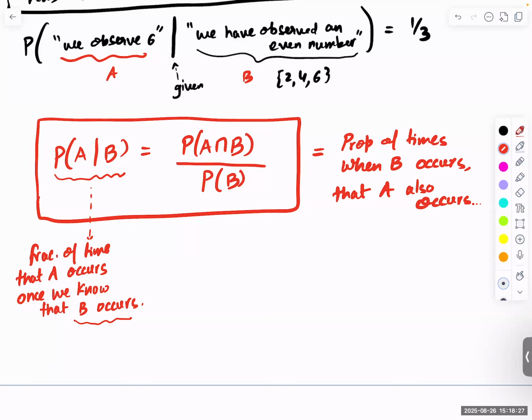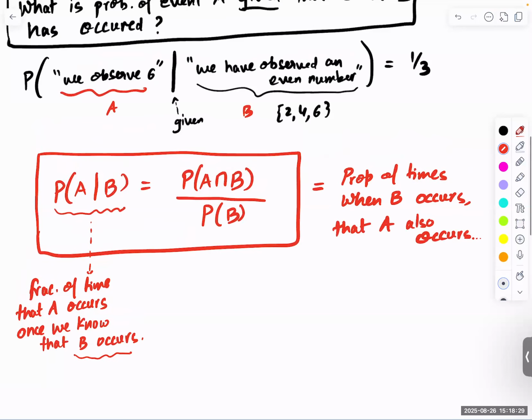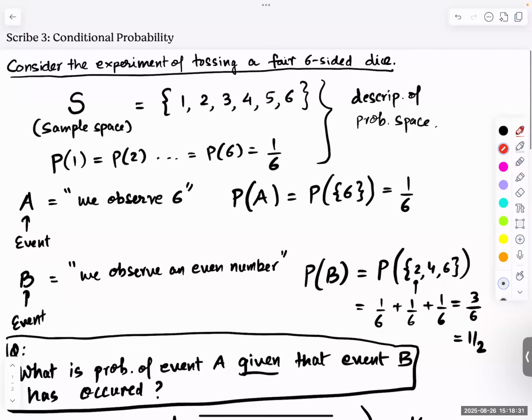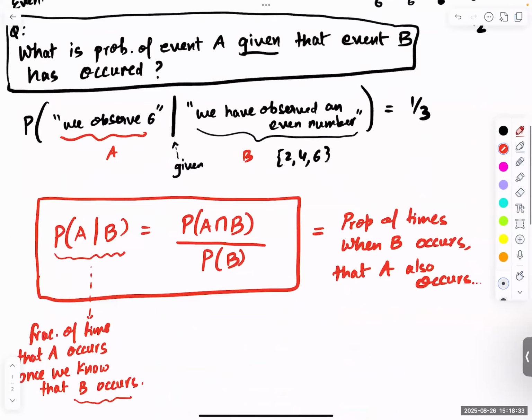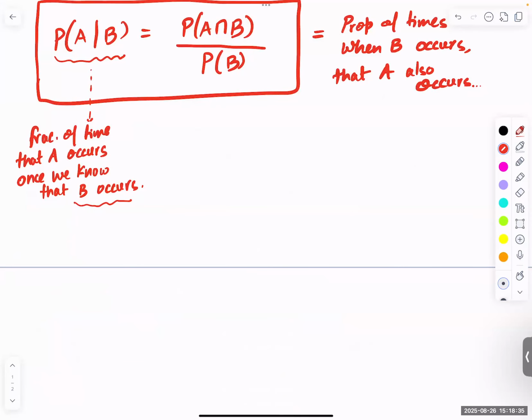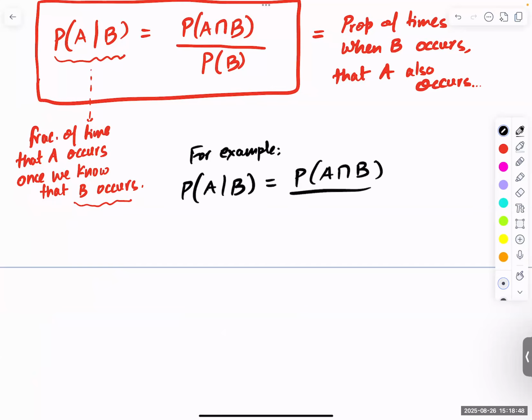Now, if you go back to our simple example of tossing a fair six-sided dice, we can also write down A given B for this example. You can think of A given B as the probability of A intersection B divided by the probability of B, right?